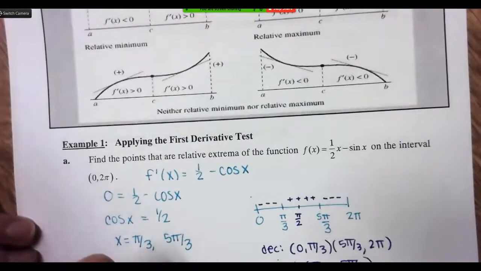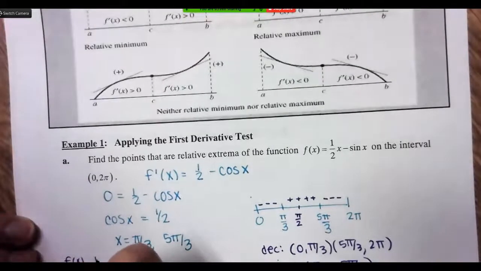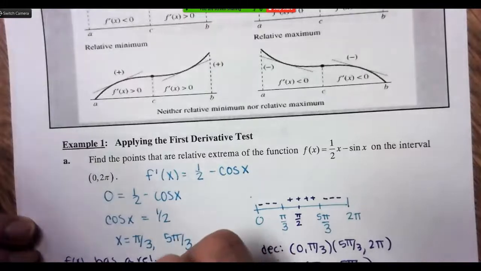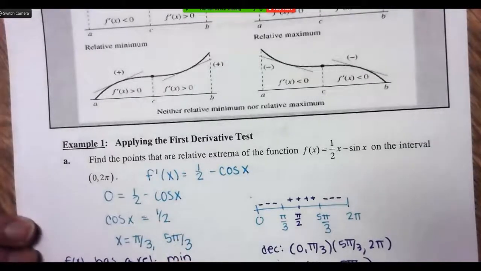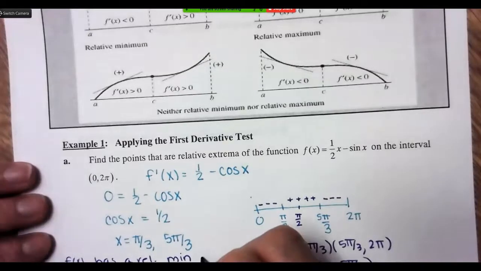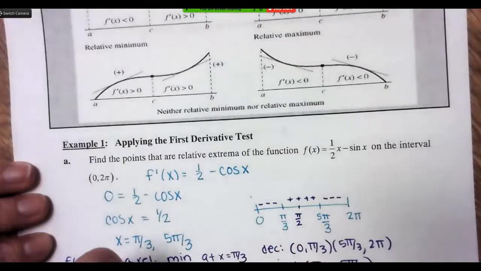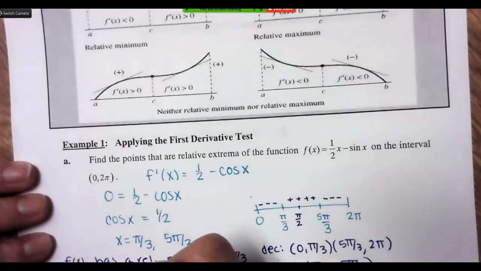So you could say f of x has a relative, and then you'd pick min or max. If I pick min, I would say f of x has a relative min at x equals pi thirds because f prime of x changes from negative to positive.